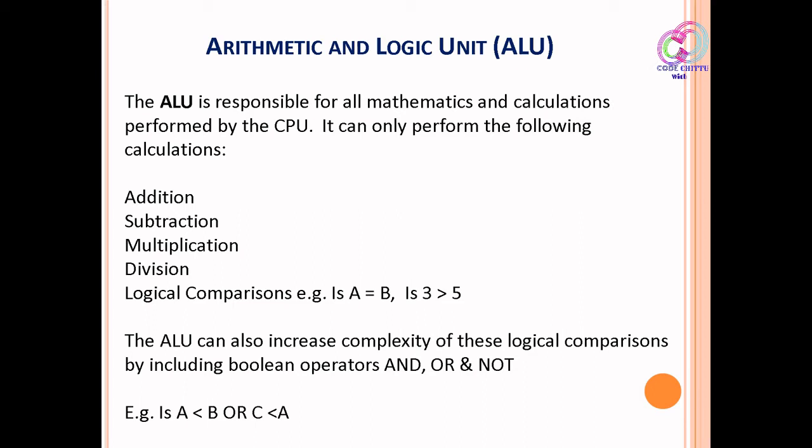Arithmetic means addition, subtraction, division, square, everything together. And logical comparisons and operations like AND, OR, NOT, NAND will also be done in this unit only. So all electronic calculations are done in this unit only.